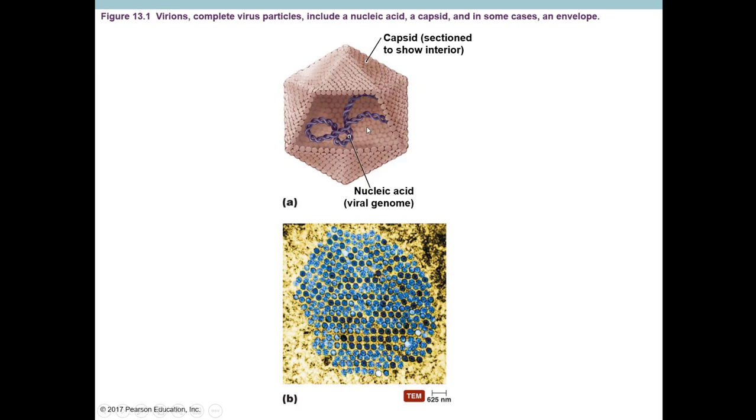The chromosome, depending on what kind of virus we're talking about, could be DNA or RNA. There are single-stranded DNA viruses and there are double-stranded RNA viruses, so there's really a lot of variation in how the chromosome is structured. Down here, there's a TEM, a transmission electron micrograph, that's been colorized, showing the surface of one of these sides of a virus particle.